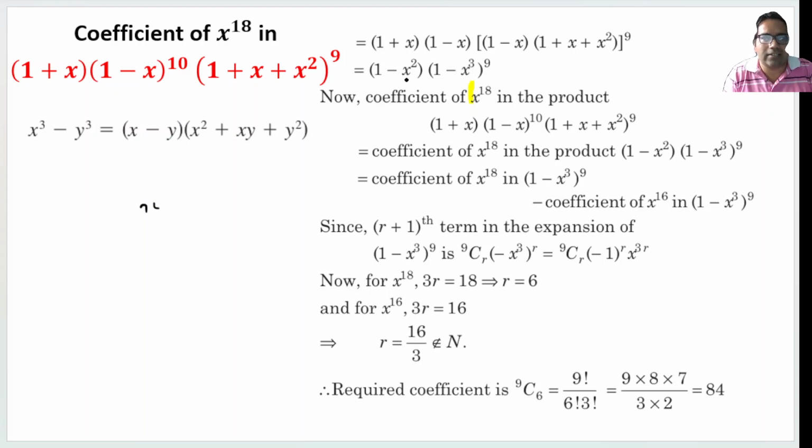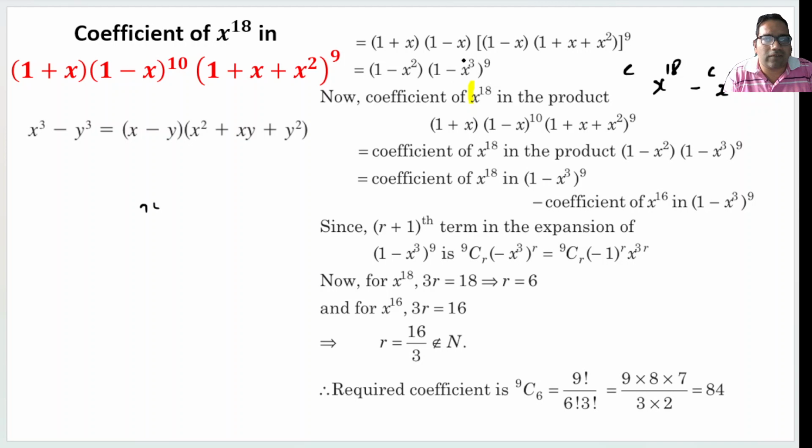So that is −1 times the coefficient of x^16. That is the total coefficient of x^18: whatever we directly get for x^18, and whatever we get for x^16 with a minus sign, because the coefficient of x^2 is −1.